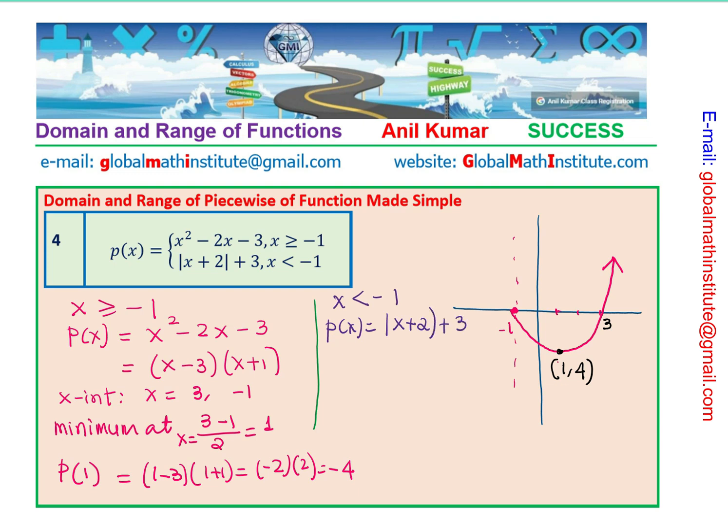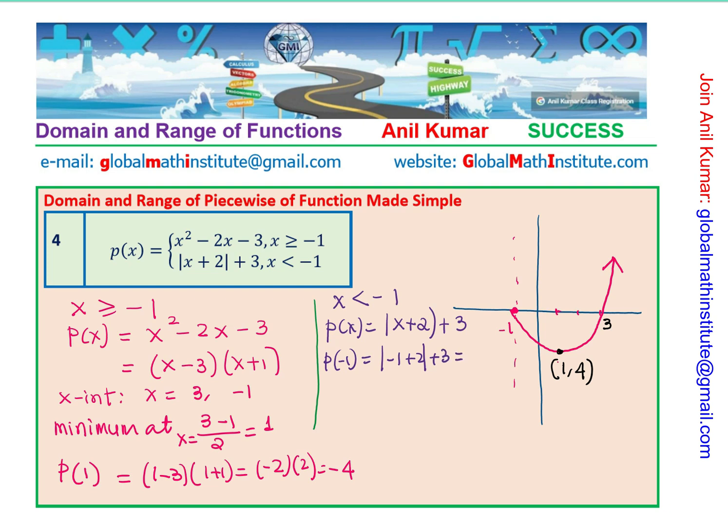So at minus 1, what is the point? If I substitute minus 1 here, I get absolute value of minus 1 plus 2, plus 3, so that is 1 plus 3, which is 4. So at minus 1, I get a value which is 4. Is that clear to you? So it is on the left side of this graph.